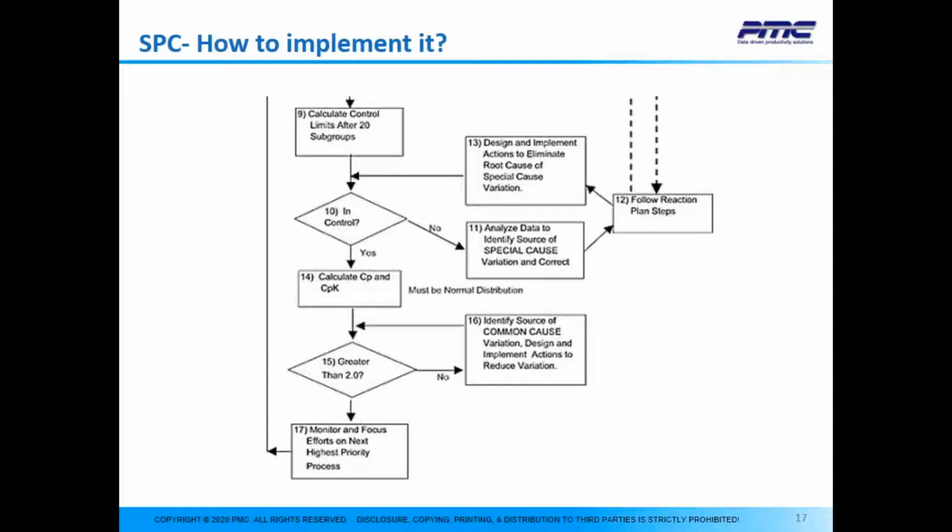And last but not the least, the last step is to monitor and focus efforts on the next highest priority. So again, this may be a little bit confusing, but in reality, those are the steps that we follow to implement SPC.